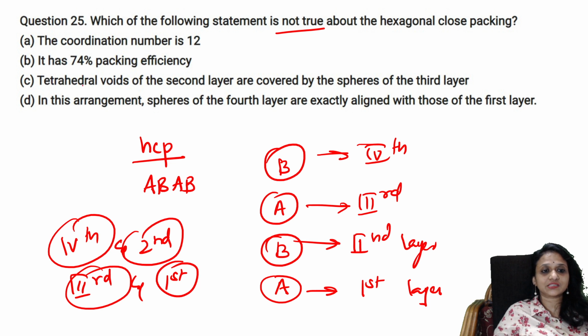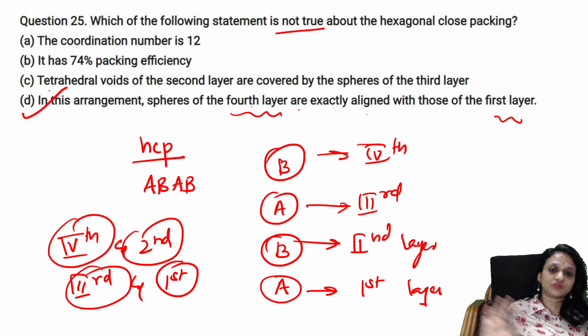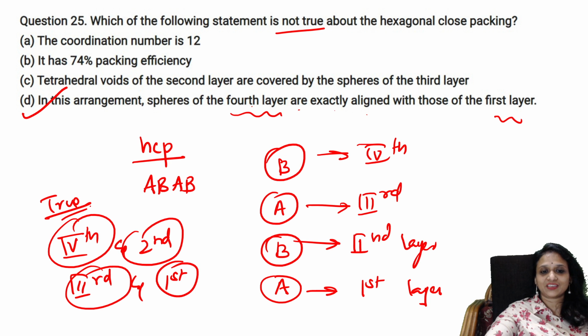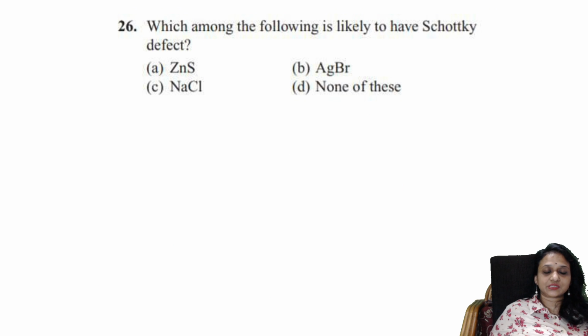Among all these, in this arrangement, spheres of the fourth layer are exactly aligned with the first layer. Wrong. See here, fourth and second are same, but here they said fourth and first are same. That's why this is wrong for us. It's not true. But this is a true statement. Perfect.